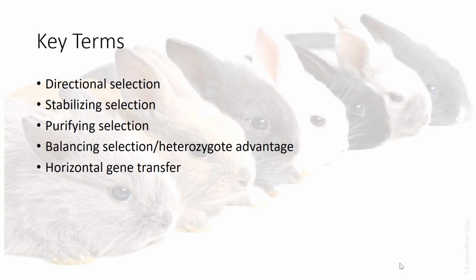Horizontal gene transfer, this is a mechanism that we see a lot in prokaryotes with transformation, conjugation, even transduction, where viruses are going to transfer genetic material from one bacterium to another. But we're starting to see increased evidence of this in humans.